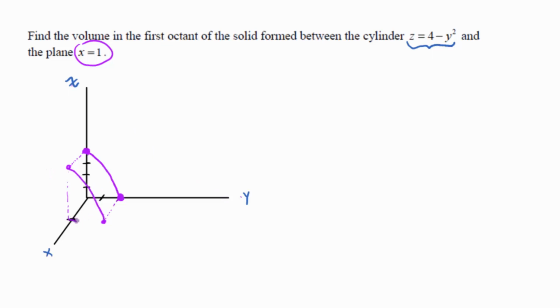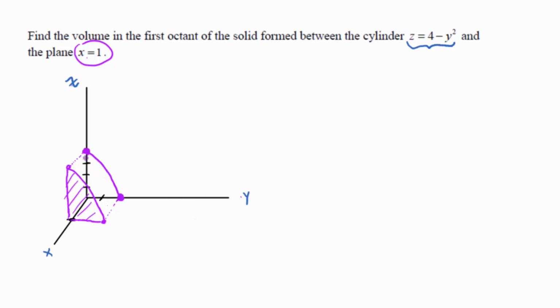And so the only part of x equals 1 that I'm interested in is this wall that blocks it off, right? The floor of this solid is formed by part of the xy plane, that rectangle that you see. Does everybody see the rectangle here?